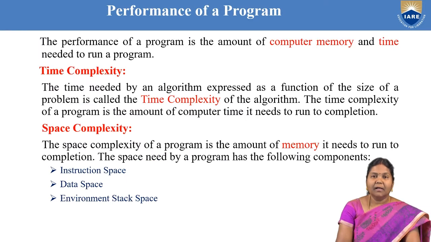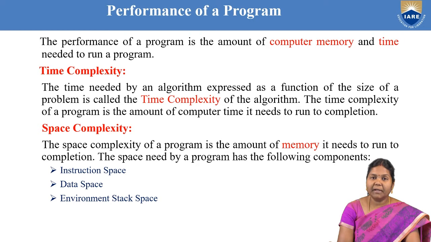Now, the performance of a program or algorithm is measured in terms of two parameters: time complexity and space complexity. Time complexity is the amount of time required by an algorithm for execution.